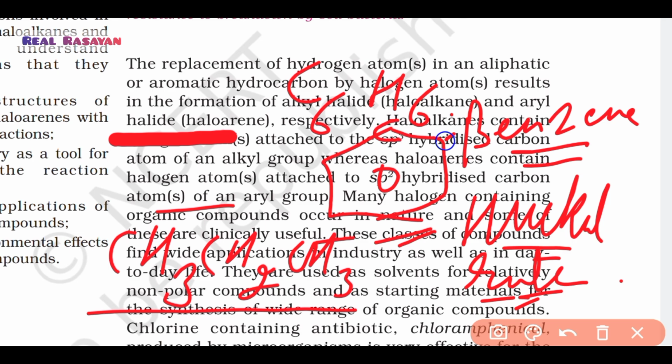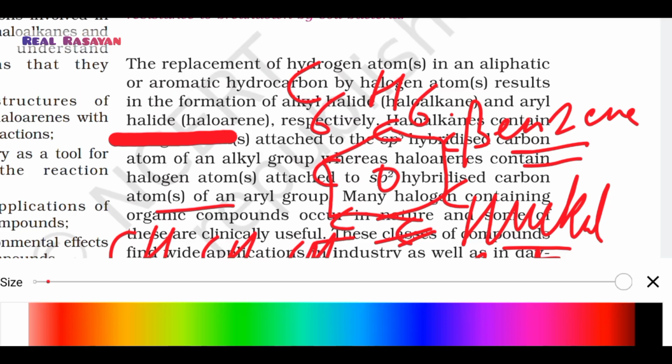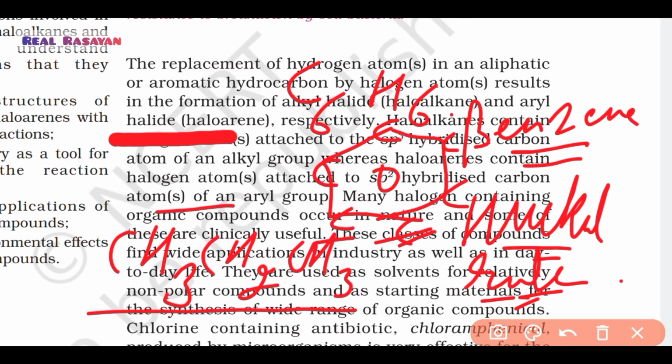Suppose all the corners contain carbon atoms and each carbon is attached with one hydrogen atom, and all the 6 carbon atoms are conjugated.